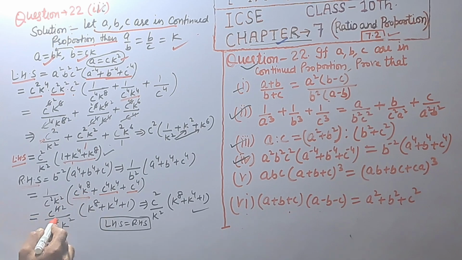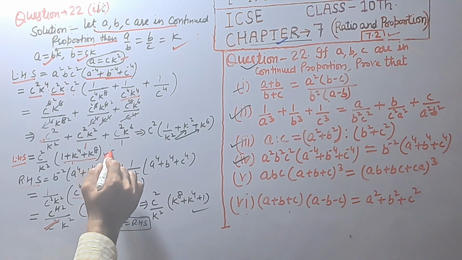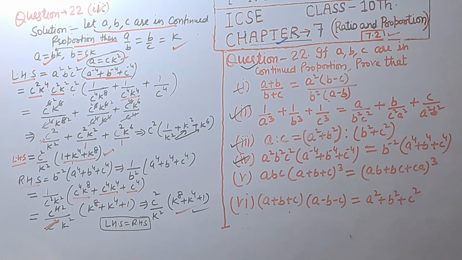We are taking common c raised to power 4 and divided by c raised to power 2, then we get c raised to power 2 and divided by k square. In bracket k raised to power 8 plus k raised to power 4 plus 1, and we get c square upon k square into k raised to power 8 plus k raised to power 4 plus 1. Left hand side is equal to right hand side.